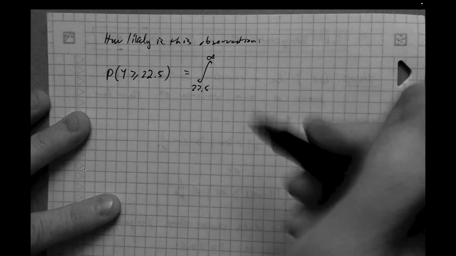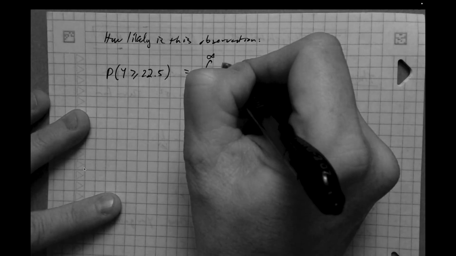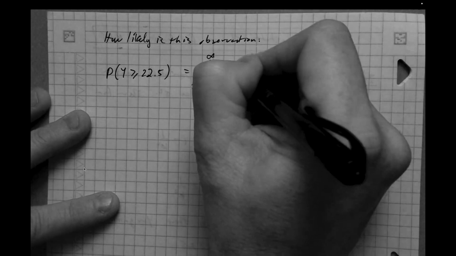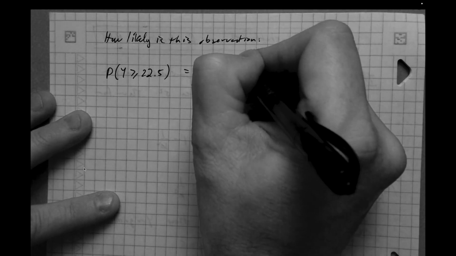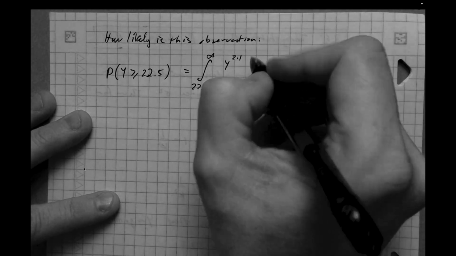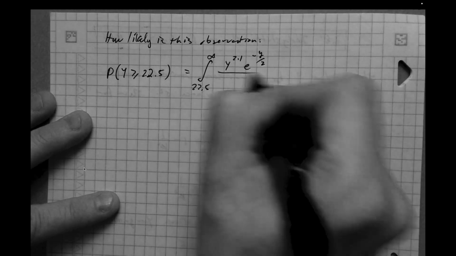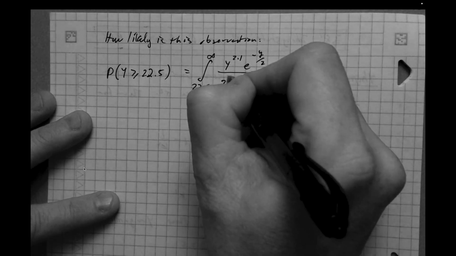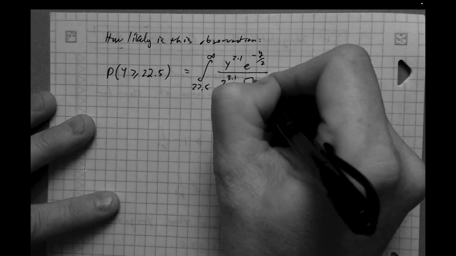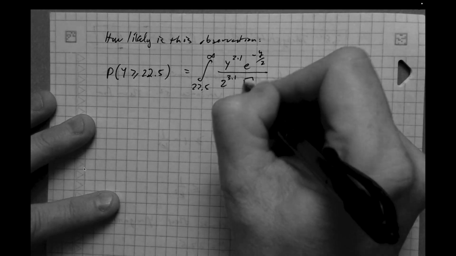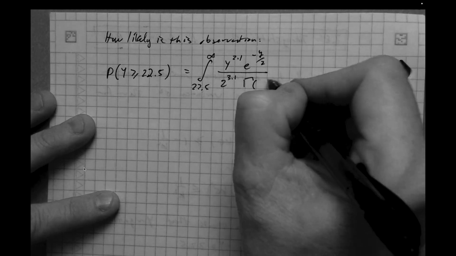Let's integrate from 22.5 up to infinity the gamma function for these parameters. That'd be y to the 2.1 power, e to the negative y over 2, divided by 2 to the 3.1 power, and then the gamma function evaluated at 3.1.